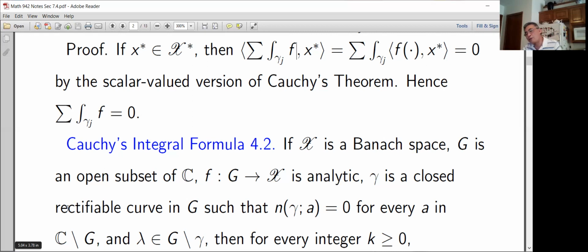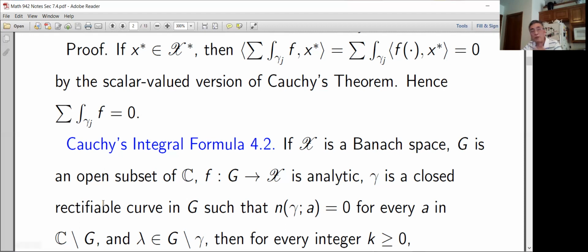So gamma is a closed rectifiable curve in G such that the winding number is 0. Rectifiability is also the condition needed to define the integral. If the curve is rectifiable and the function is continuous, then the integral exists.